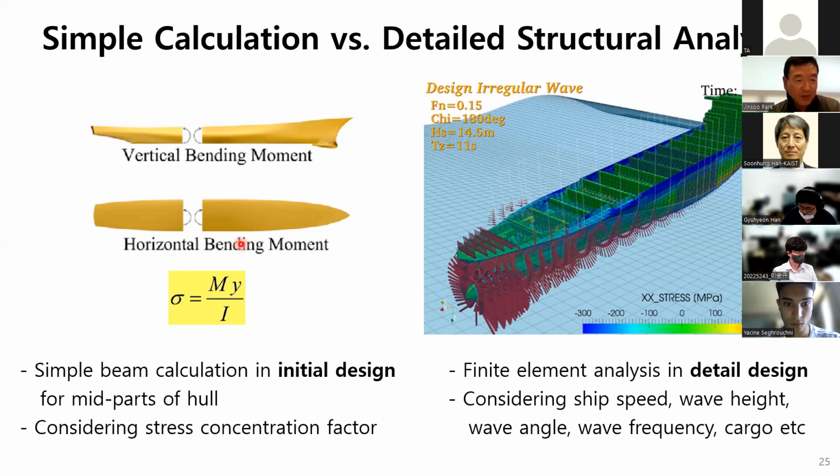In this case, maximum bending moment, this one M, is determined empirically based on probability approach and some formula given by classification rules. However, in later detailed design, we carry out a very complicated finite element analysis for evaluating stresses at every part of the whole structure.